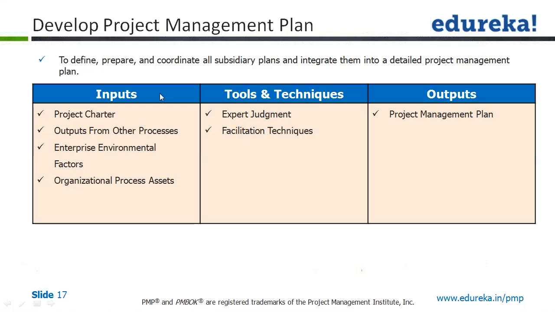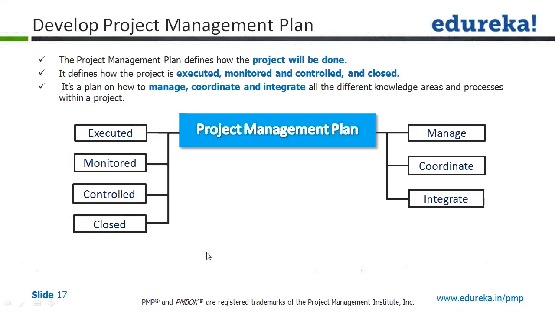So very clear, we are into develop project management plan, which is part of the planning process group. We have taken the output from the previous process, the project charter, as an input. We have taken EEF, we have taken OPA, we have tools and techniques as expert judgment and facilitation techniques, and the output is going to be the project management plan. So what is the project management plan?